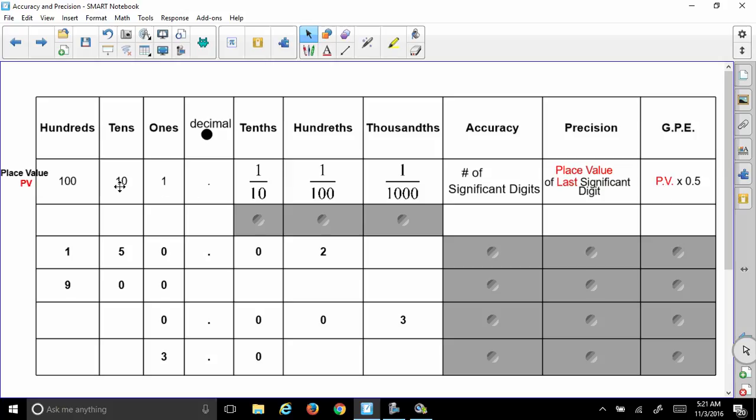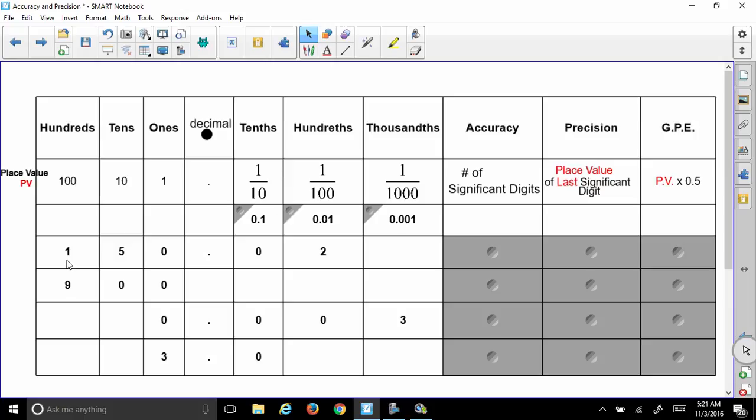The second column: 100 is 100, 10 is 10, 1 is 1. There's your decimal point. 1/10 is a fraction, it's also 0.1. 1/100th is also 0.01. 1/1000th is 0.001. So we're going to multiply that by 0.5, or a half.